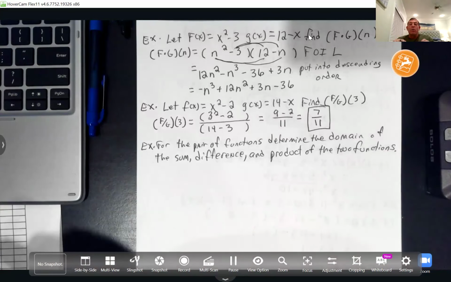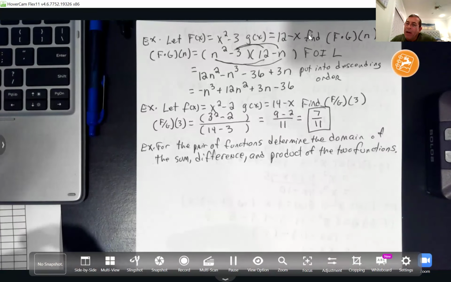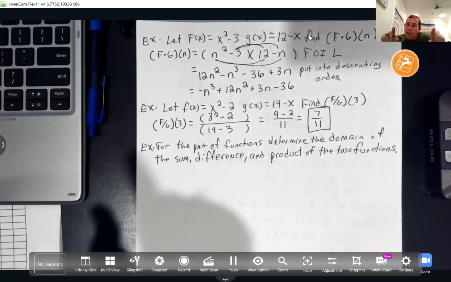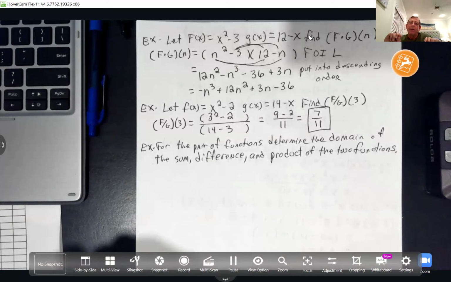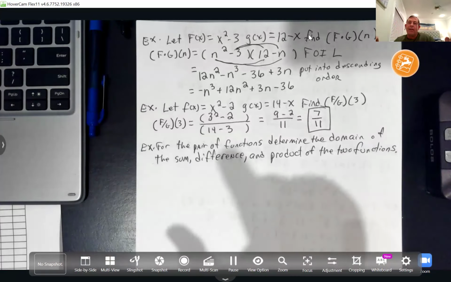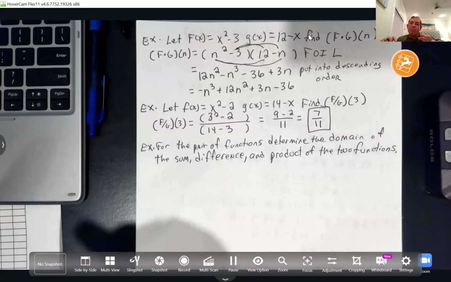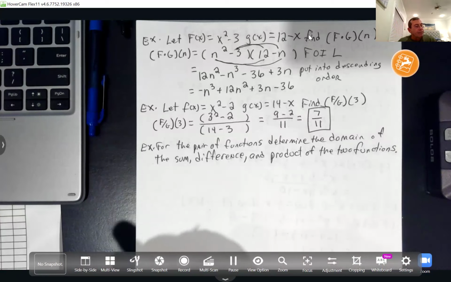Okay, so it's basically almost like 3 problems in one. I got to figure out the domain of my sum if I'm adding them, the domain for the difference if I'm subtracting them, and what would be my domain for my product if I was multiplying them, okay?